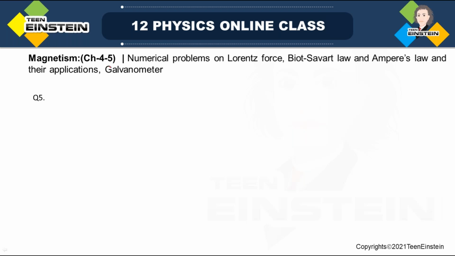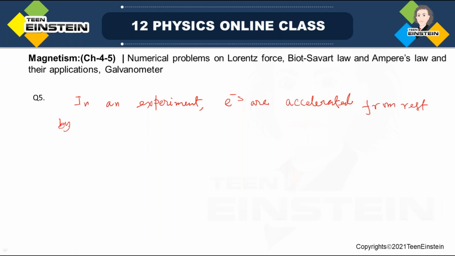In an experiment, electrons are accelerated from rest by applying a voltage of 500 volt.